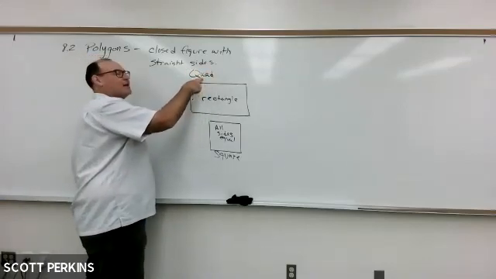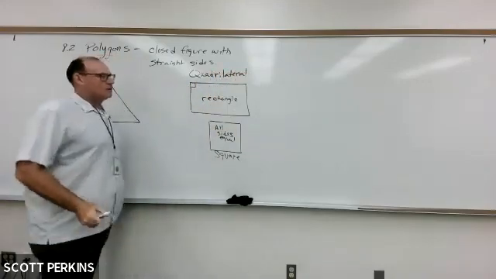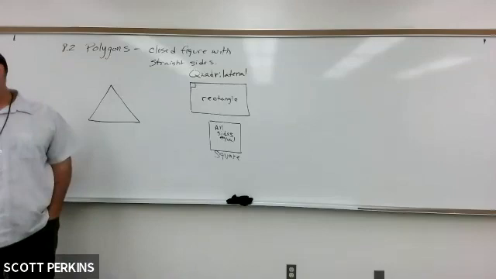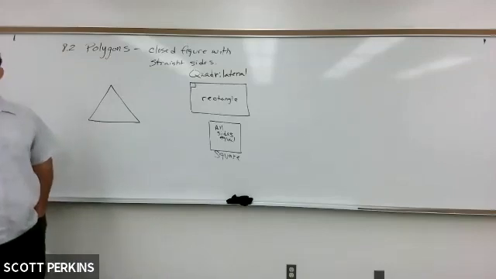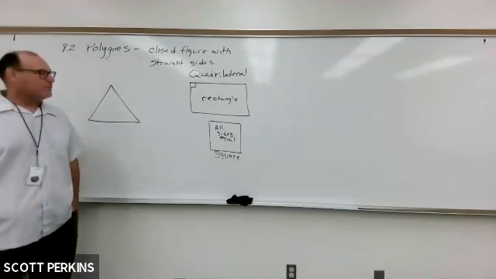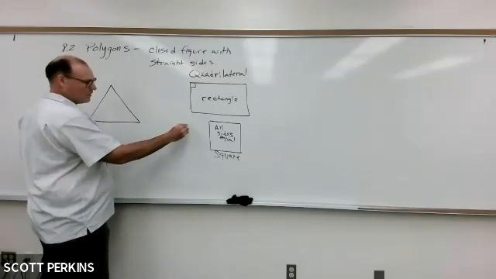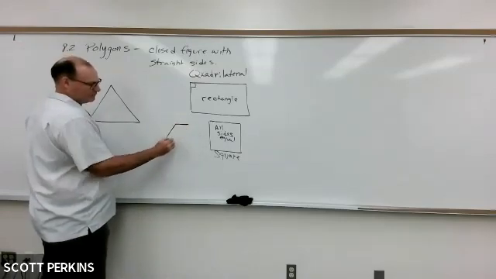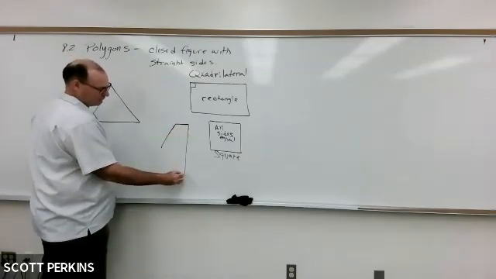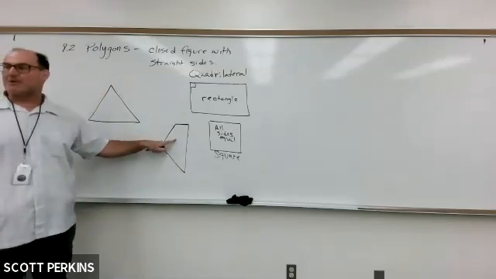The prefix quad means 4. Anything else with 4 sides would be a quadrilateral as well. So I could do something like this: no relationship between the sides at all, but there's 4 of them, it's a quadrilateral.